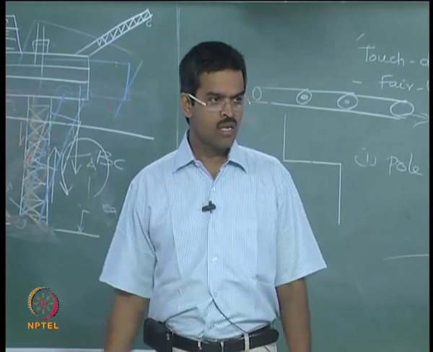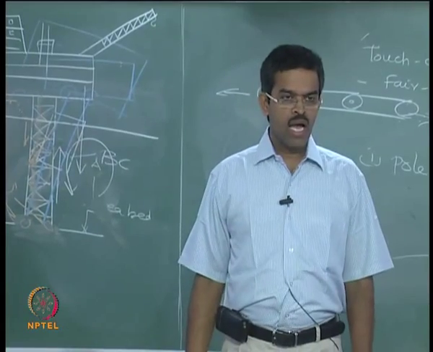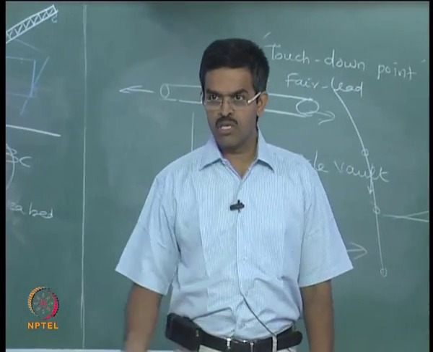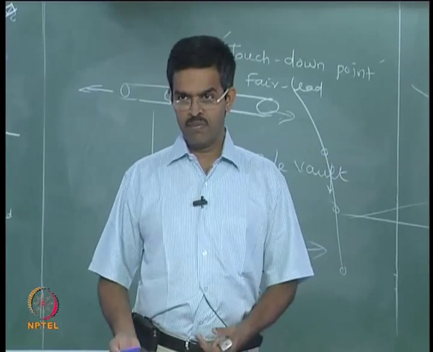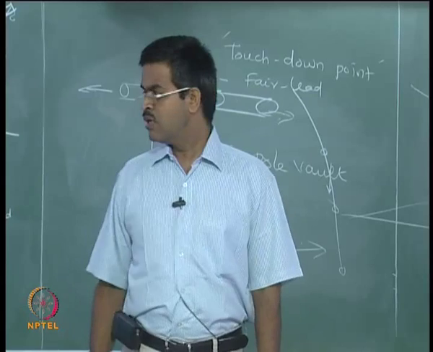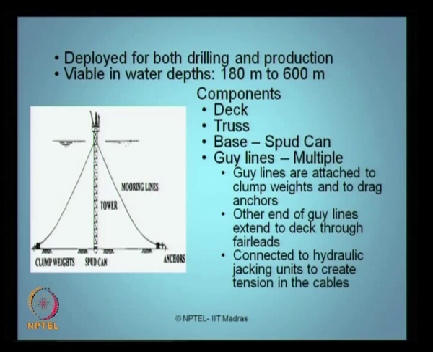Once you put the weight, there is a possibility that because of seabed erosion the weights may get lifted up by buoyancy. To hold it down in position permanently, use what we call drag anchors. We will talk about this slightly later. Drag anchors will hold this cable in position.